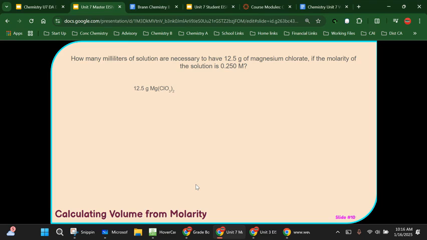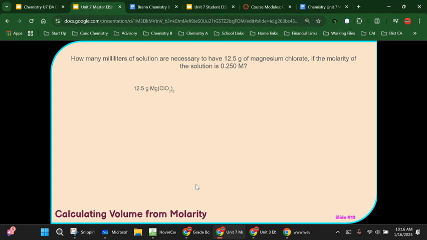Now, why? Well, because if you have molarity equals moles over liters, take this side times liters and this side times liters. That's liters times molarity equals mole, right? Then divide by M to get liters alone. So he's right.